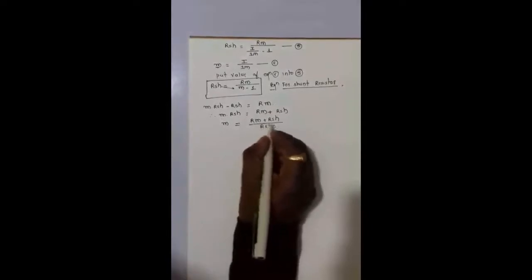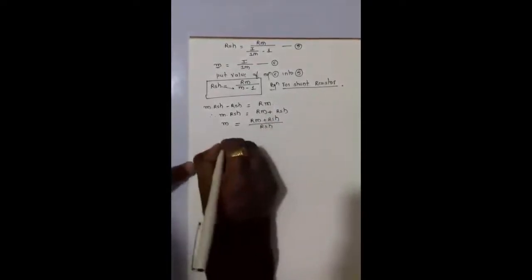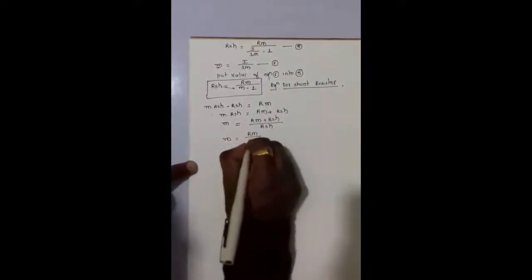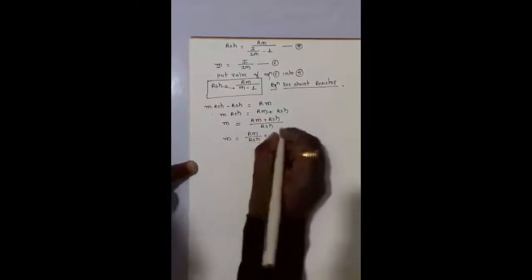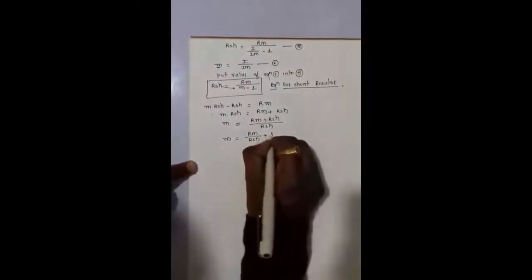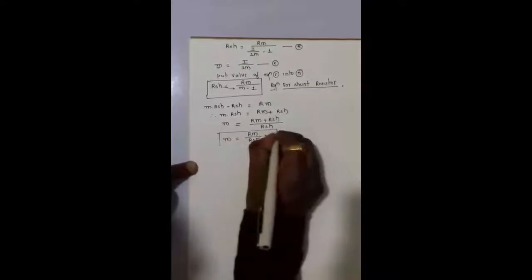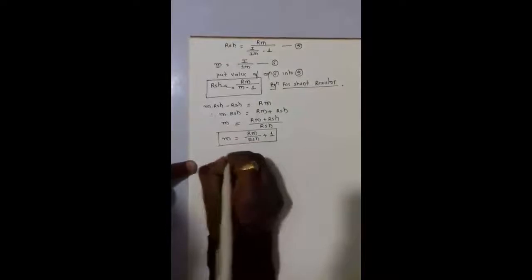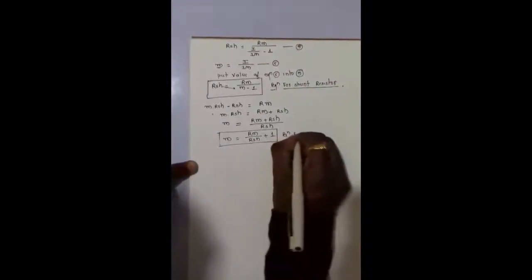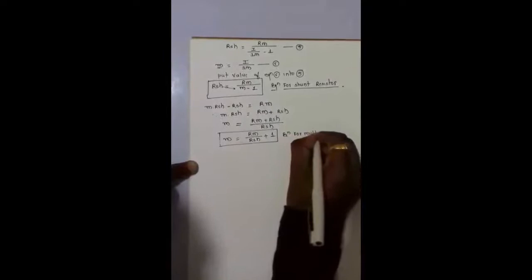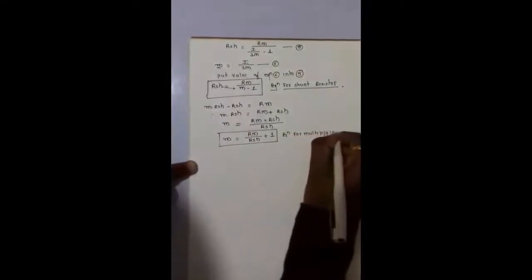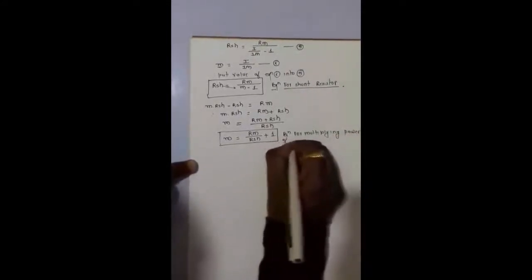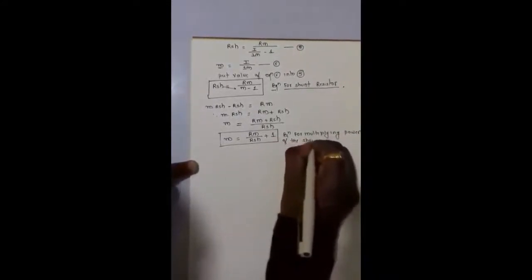RSH is common, so M equals Rm divided by RSH plus 1. This is the second equation, the equation for the multiplying power of the shunt.